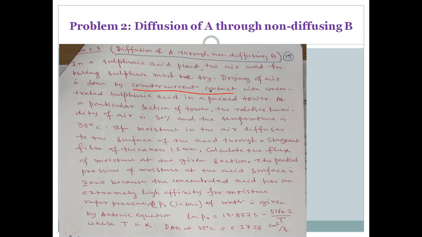Now in what way am I doing it? I am doing it in a counter current. So counter current means there is a vessel, and a packed bed.